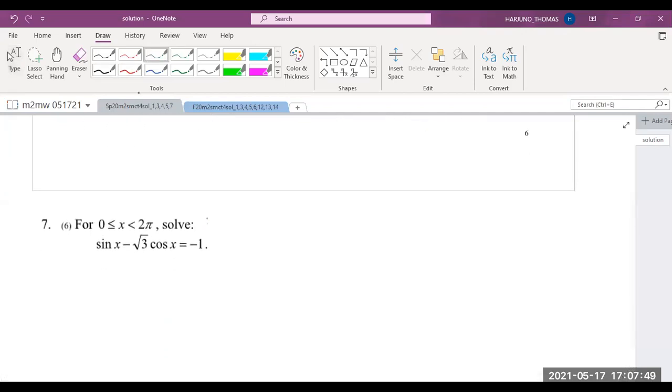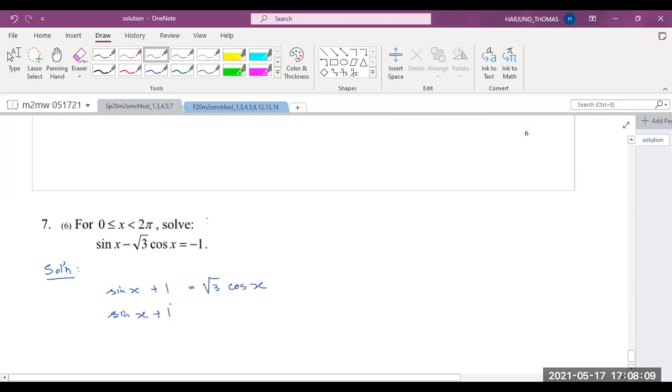The regular way is we isolate one of the trig functions. So let me isolate the cosine part. So sine x plus 1 equals radical 3 cosine x, and then I square both sides.